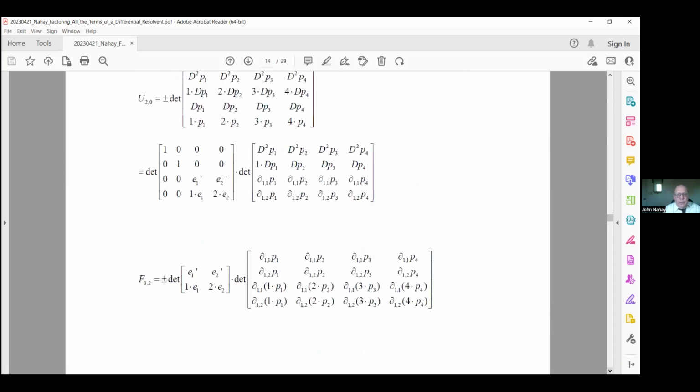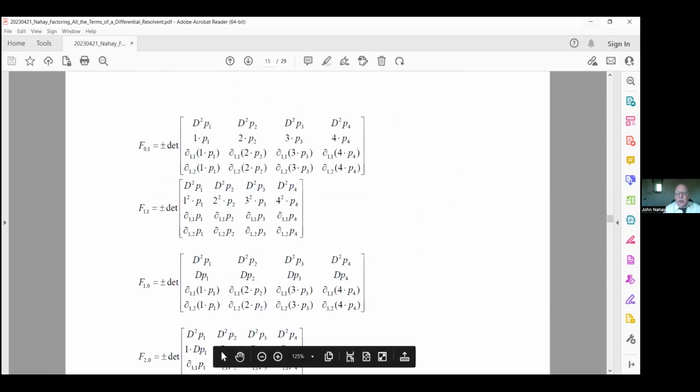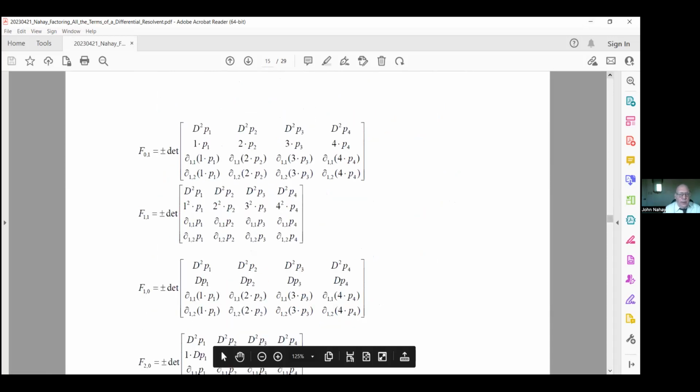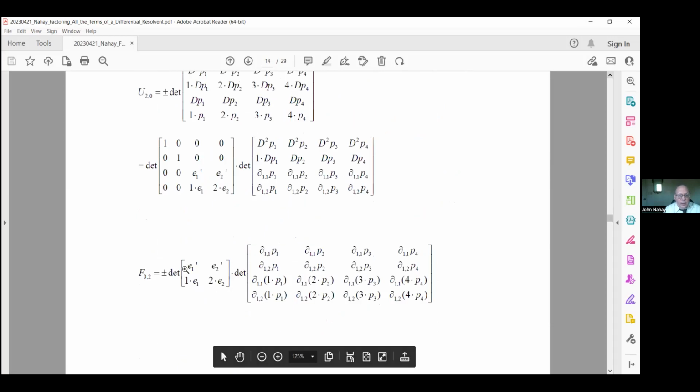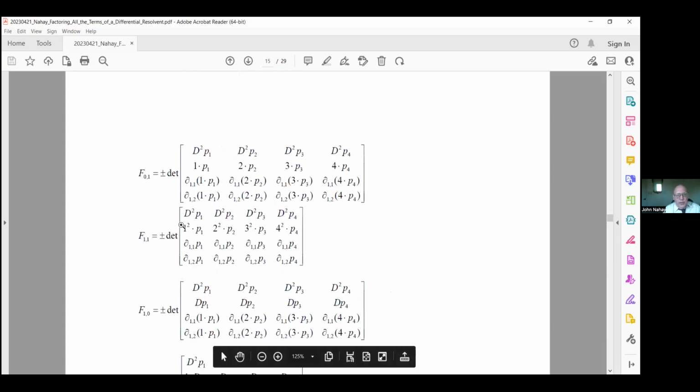And so what remains after you pull out this factor is here's the leading term, which does have one extra factor itself of this matrix, the determinant of this matrix. But here's what the remaining terms are.